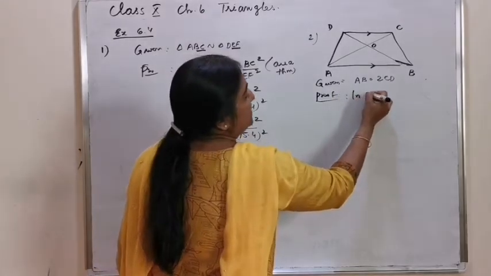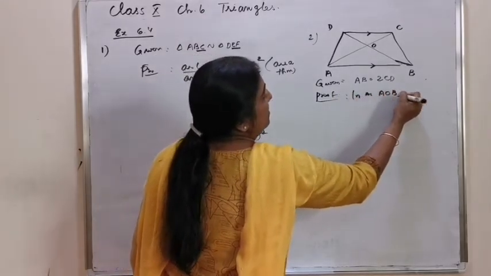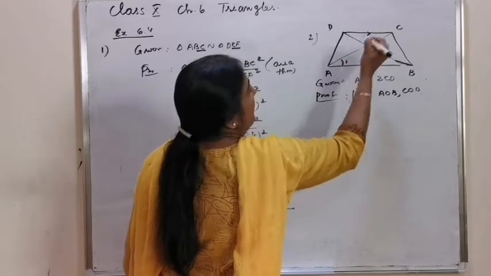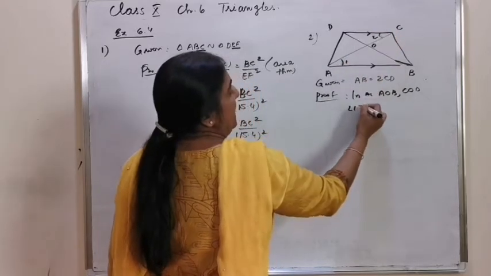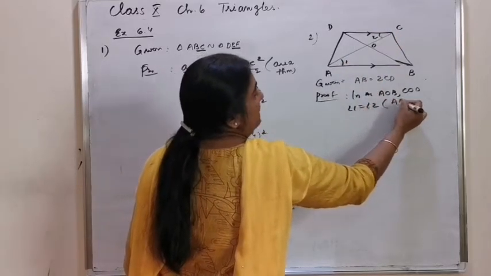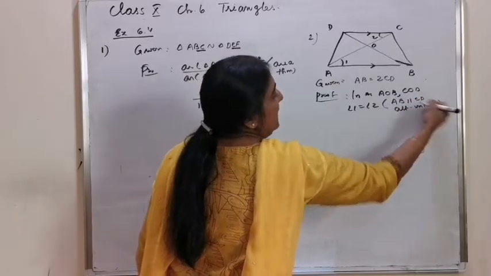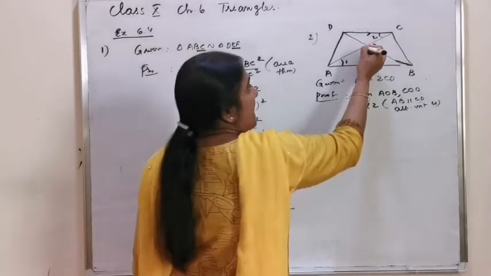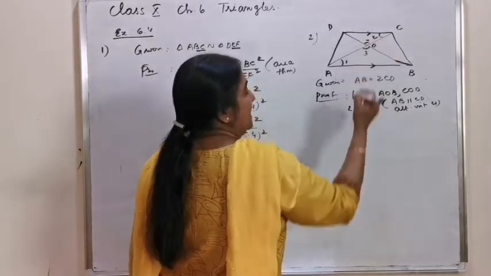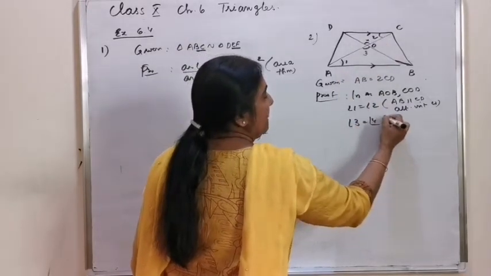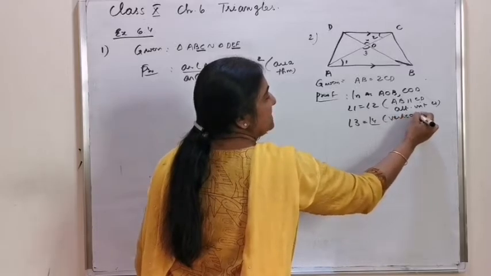In triangles AOB and COD, angle 1 is equal to angle 2, as AB is parallel to CD, alternate interior angles. Angle 3 is equal to angle 4, vertically opposite angles.